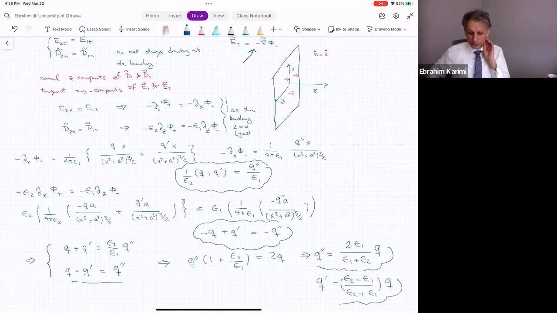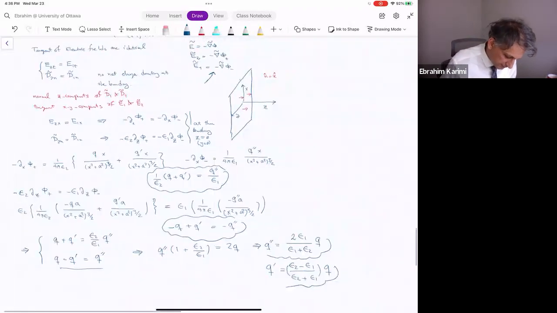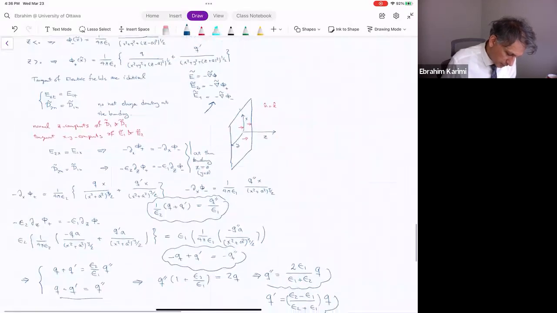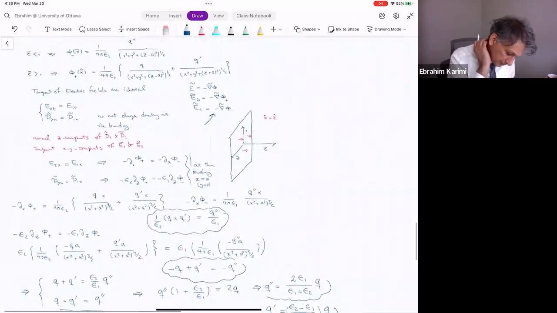So we got both expressions for q and q prime. Let's substitute it here. Let me just memorize them.